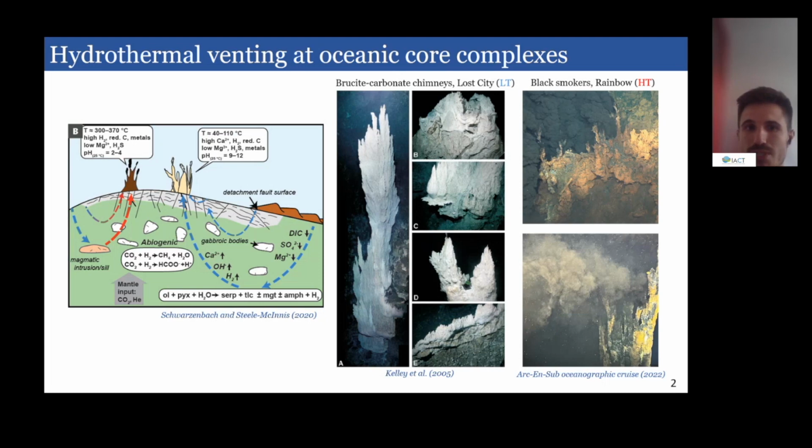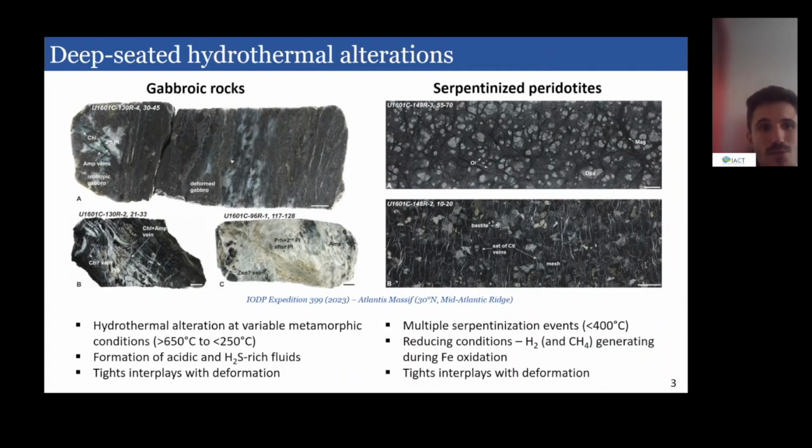And when they eventually vent at the seafloor, they will form these beautiful black smokers and the mineralized systems that we know, such as the Rainbow hydrothermal field. So this part of the hydrothermalism actually is the emerged part of the iceberg, but something exists when the fluid can react with the rocks that are progressively exhumed at depth, and this is the cryptic part.